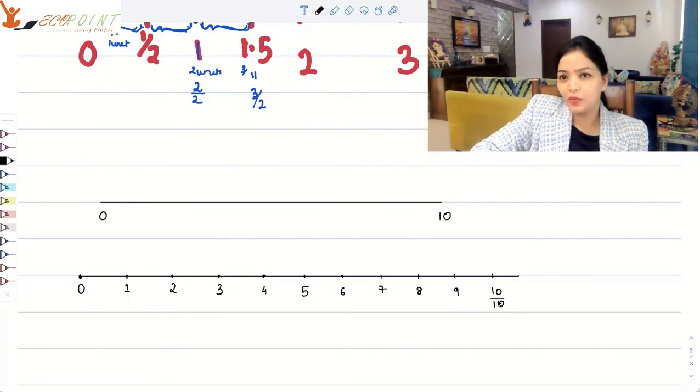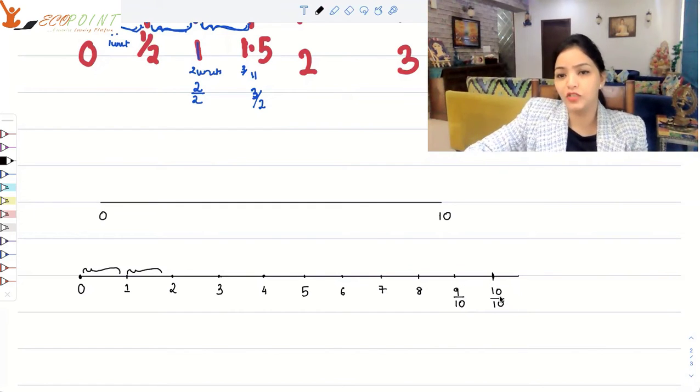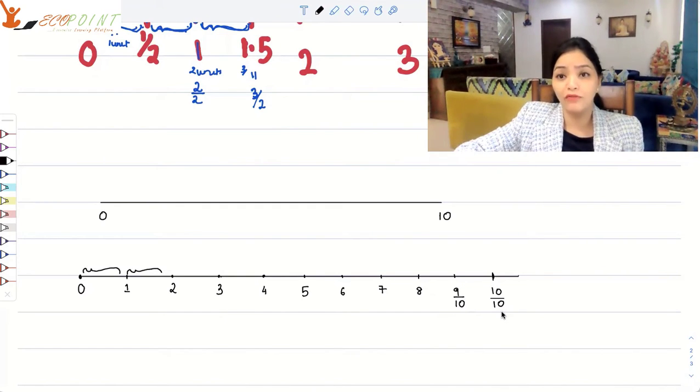If this is 1, then every single distance that you see is a 1/10 part, because what I'm saying is that this position is 10 out of 10 parts.